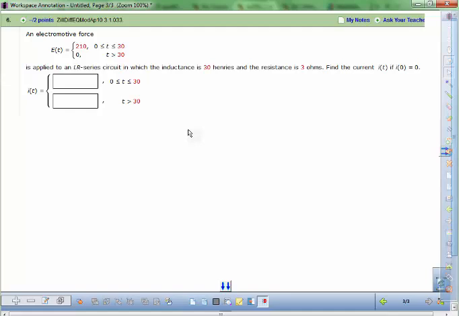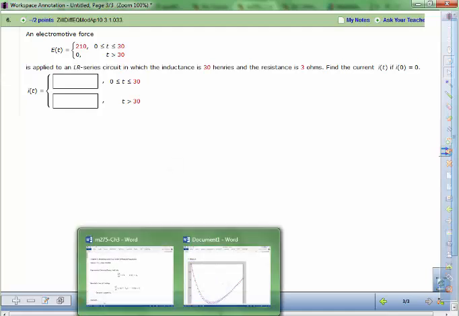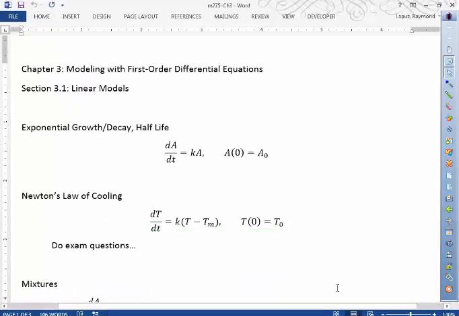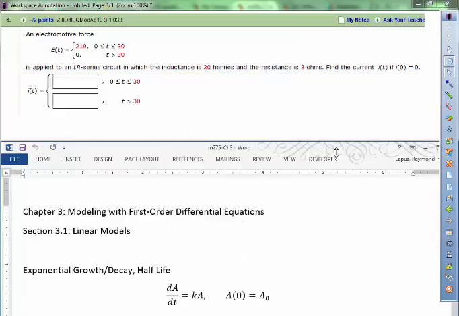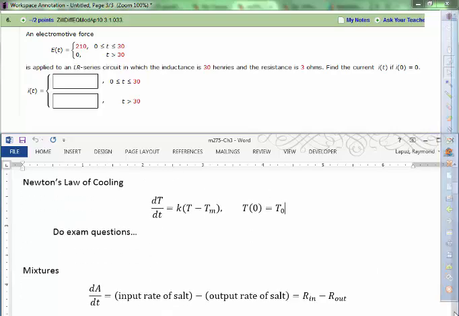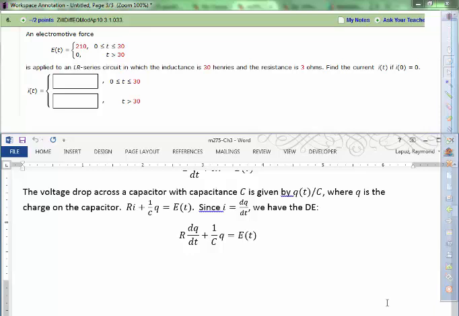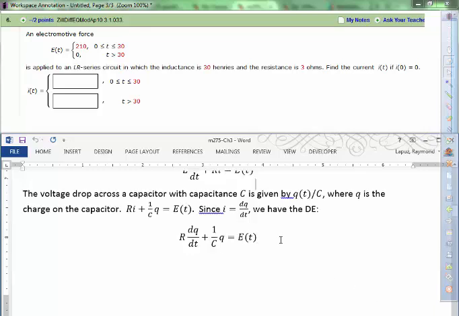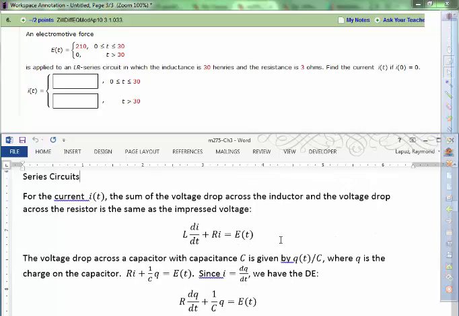So it looks like there's going to be 2 differential equations that we're going to want to work with here, and then fill in your current. So the function that we probably will need is one of these 2 things.